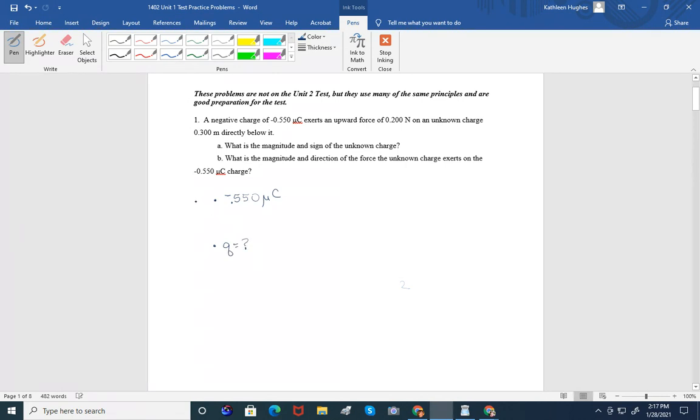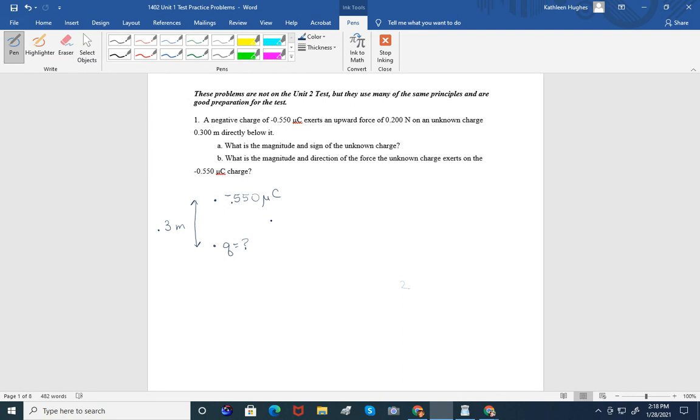We know this distance from here to here is 0.3 meters. I'm not going to write all the zeros, but they've given me three significant figures throughout the problem. The first part of the question says, what is the magnitude and sign of the unknown charge?